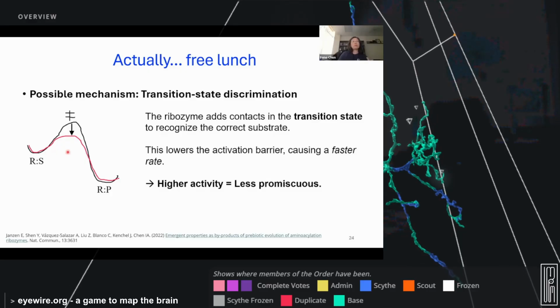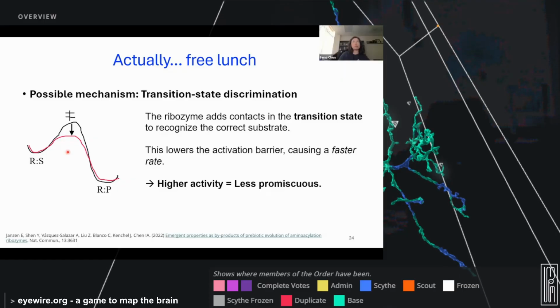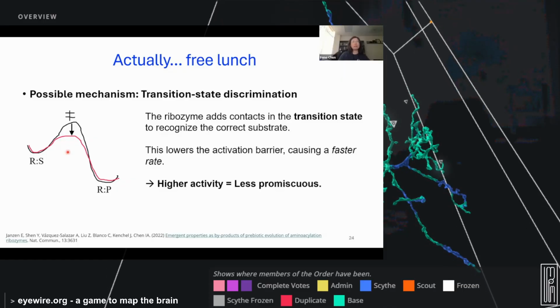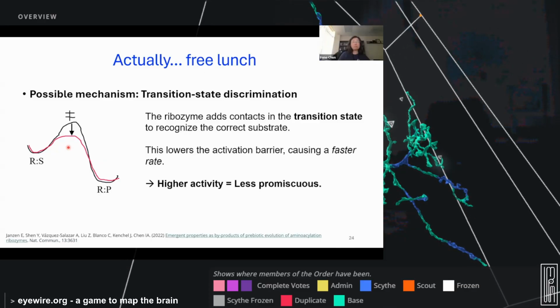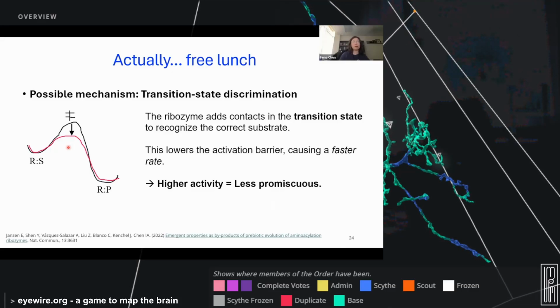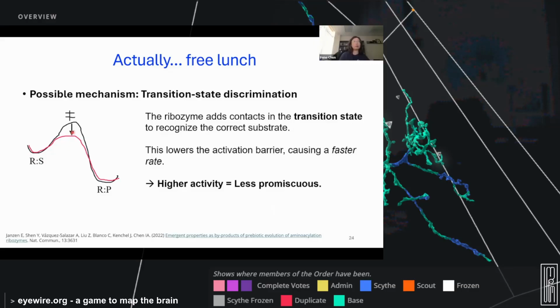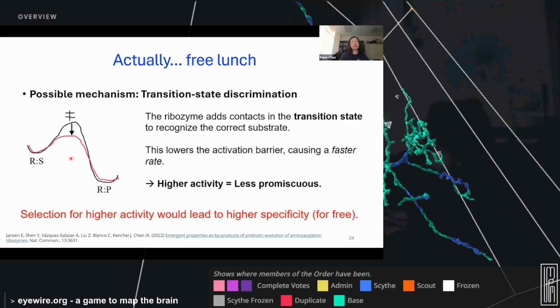So this would give you more specificity and a faster rate. And this would give you the correlation of higher activity also being more specific or less promiscuous. So that's a possible explanation for what might be going on with our ribozymes, following closer to this paradigm than to the previous paradigm.